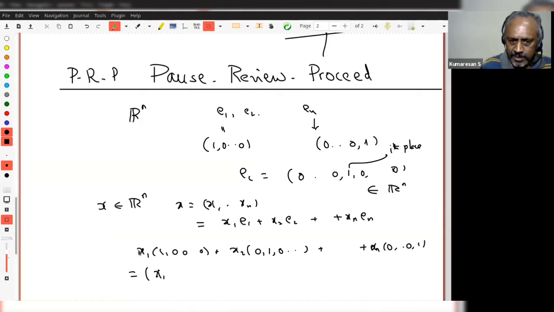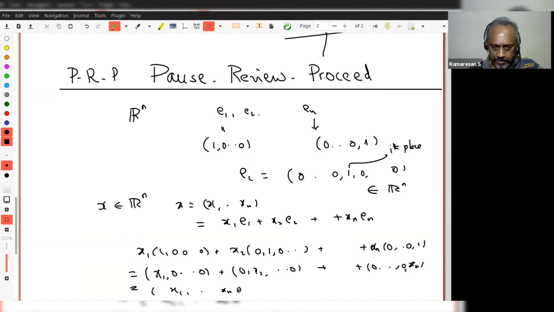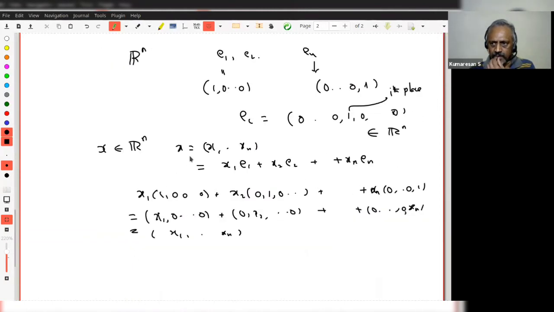Remember x1 is a number now, it's like a scalar t. Therefore (x1, 0, ..., 0). Then multiply each coordinate of e2 by x2, that is (0, x2, 0, ..., 0). And this will be (0, ..., 0, xn). So if I add, what will I get? I have to add coordinate-wise. Therefore it's going to be (x1, x2, ..., xn). Please say yes if you follow what I have done. I'm sure all of you have seen this.